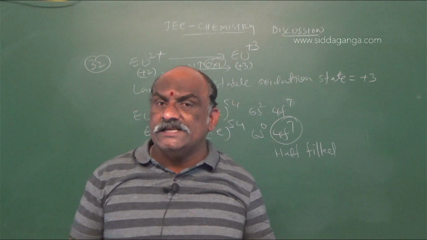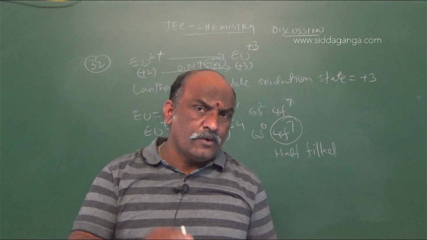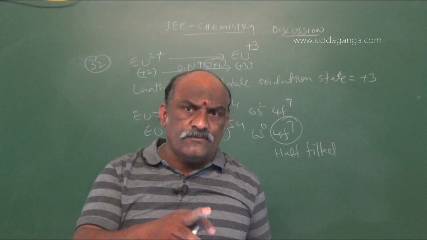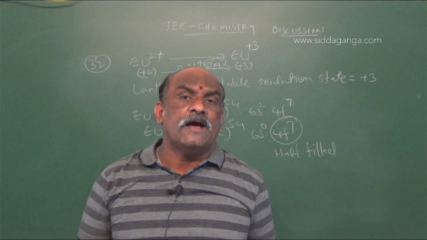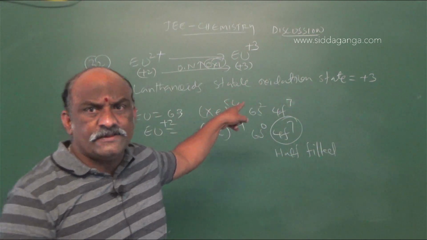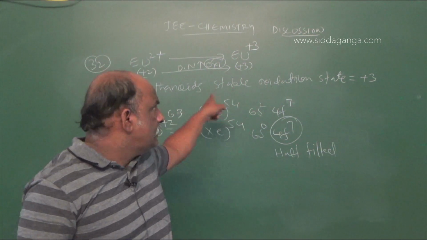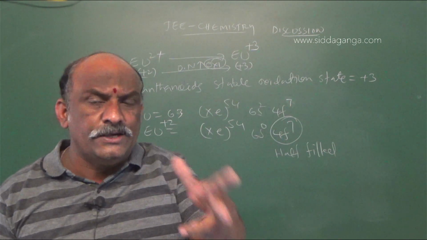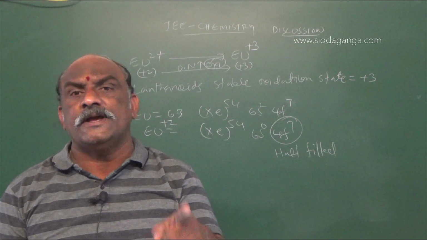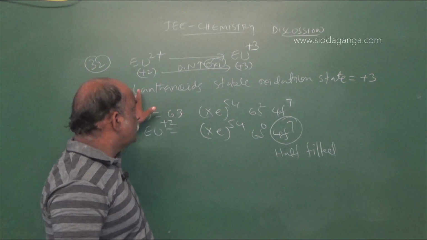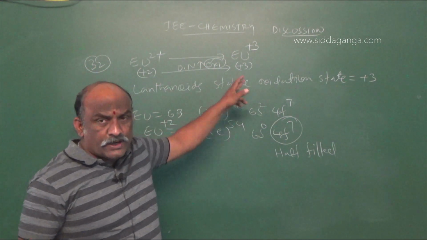Suppose cerium 4+ was given. Cerium 4+ acts as an oxidizing agent, because for cerium 4+ to cerium 3+ the electrode potential value is 1.74. Oxidizing and reducing behavior depends upon the electrode potentials. For Eu2+ to Eu3+, the electrode potential will be negative.